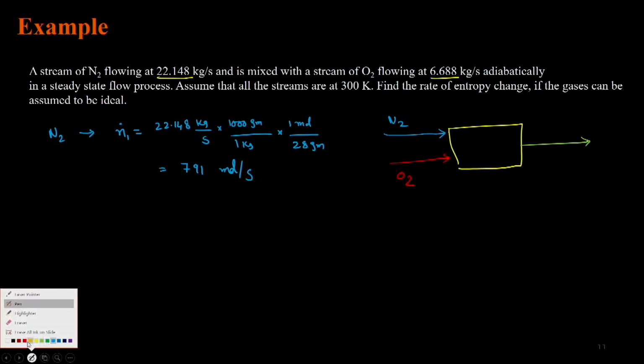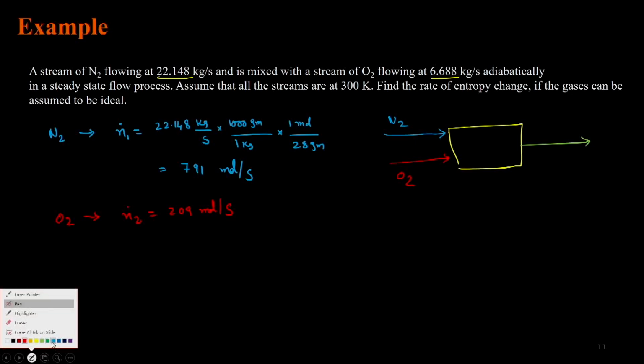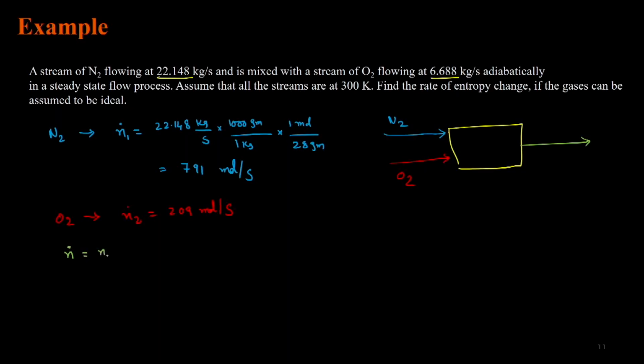Similarly, for oxygen, N2 dot is 209 moles per second. And the total molar flow rate for the mixture, N dot, is N1 dot plus N2 dot.